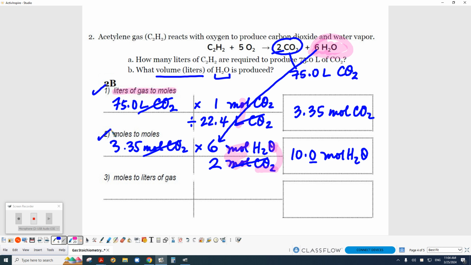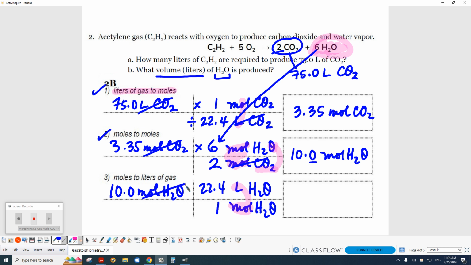And in the final step, we take those moles, 10.0 moles of H2O, and we convert those by putting moles of H2O on the bottom, because that's what we're trying to cancel out in this step, to liters of H2O, because now this is a gas. And we can convert moles of gas to liters of gas using the GMV, knowing that 1 mole of any gas is 22.4 liters of that gas under standard conditions.